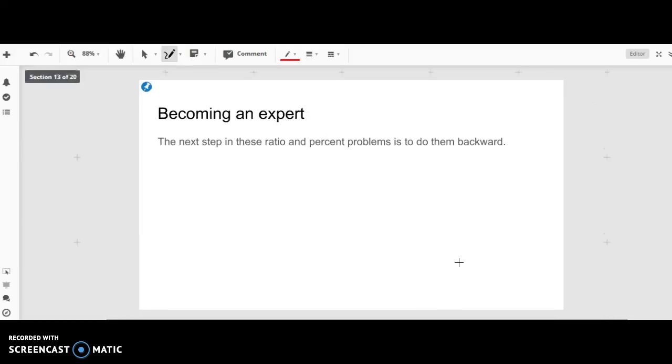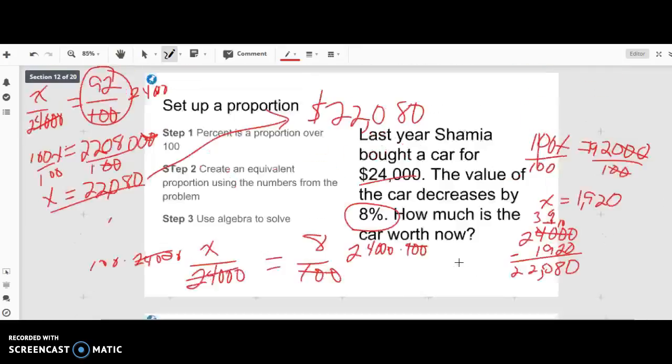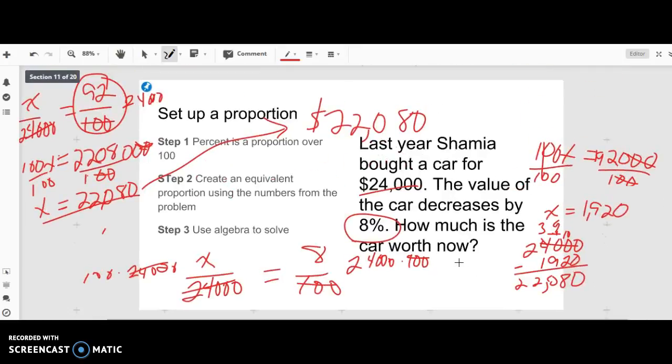To become an expert on ratio and percentage problems, you want to do them forwards and backwards. So if I ask for what is 8% of this value, you can find it. But if I went back to this problem and said, if the car was $24,000 when I bought it, and now it's worth $22,080, what was the percentage decrease?